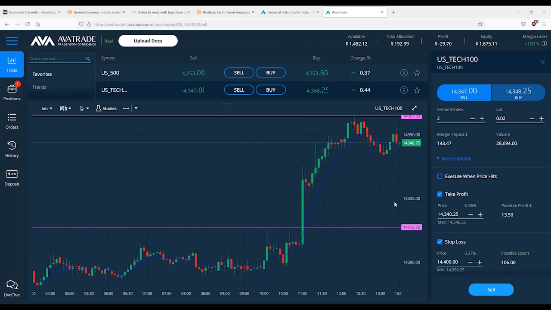So if it comes back down just before this old resistance, which should be support now, 14,325, let's say. That could be a spot that you could go after a profit.